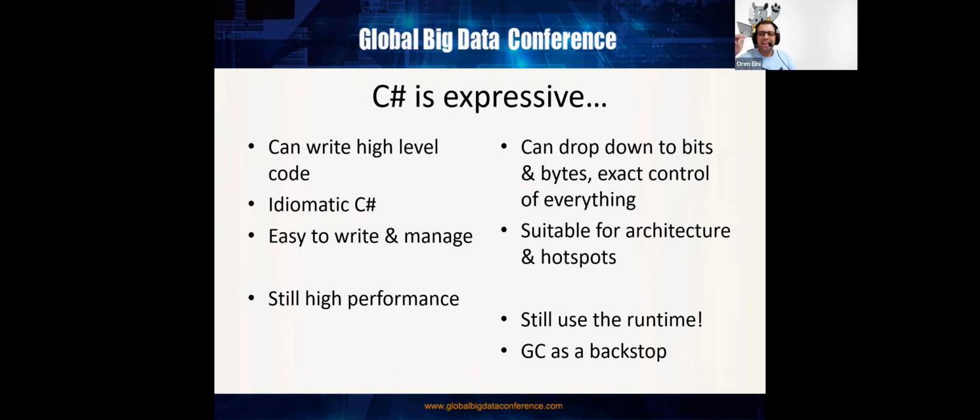With C#, I get to decide whatever I want to be at a high level. For example, reading from the config file. I do that once in the application. I have zero interest in its performance. I want to be as high level as possible, as safe as possible for that.